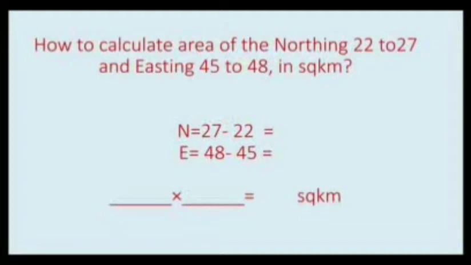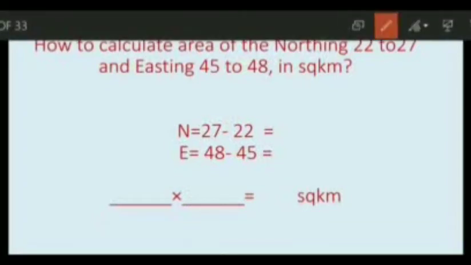Suppose 27 minus 22 is 5, 48 minus 45 is 3. So 5 multiplied by 3 will be 15 square kilometer. Clear? What you have to do, simple thing, you just subtract northing numbers and easting numbers, and whatever answers you get, you just multiply, you get the answer.